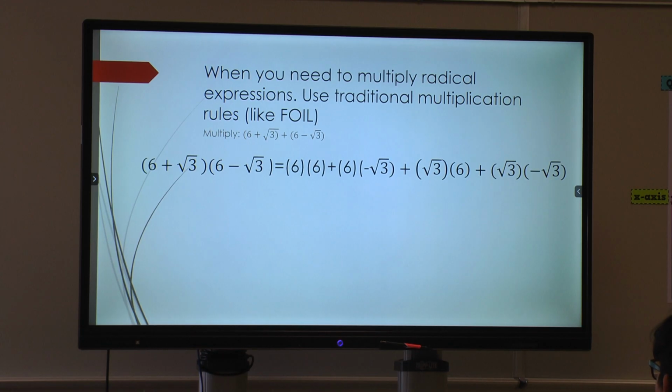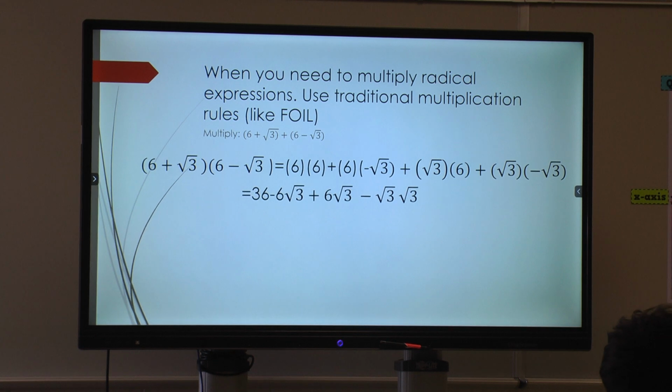What does that mean? That means we can just go ahead and shrink it down. Now we're going to end up with 36 minus 6 radical 3 plus 6 radical 3 minus radical 3 times radical 3. What is 3 times 3? 9.